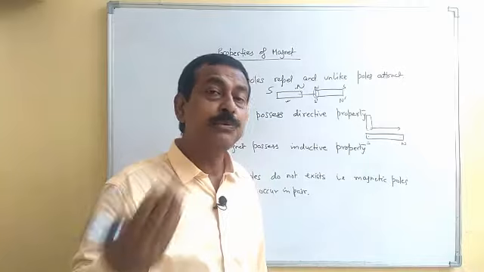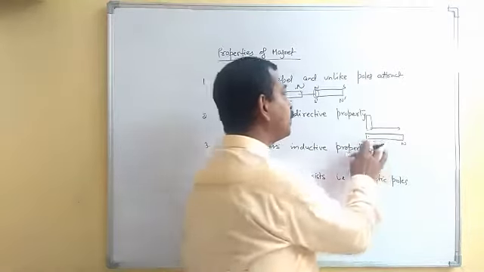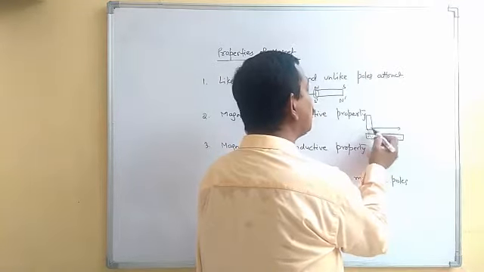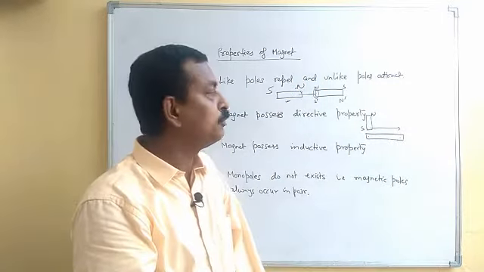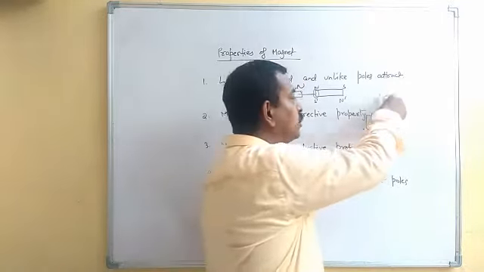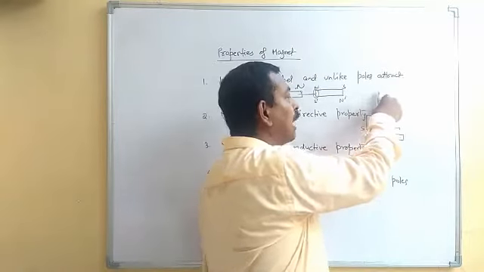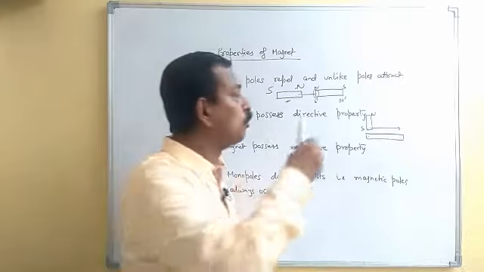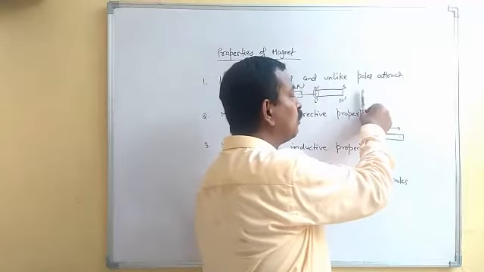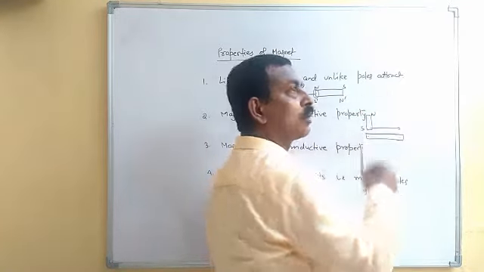Whereas if you take just the reverse case, if this is the magnet, with south and north, and this is the iron piece, and we are moving it from one end to the other, it is one pole of the magnet which is being moved from one end to the other. And if it is being moved in that direction, there will be uniform attraction all along its length.